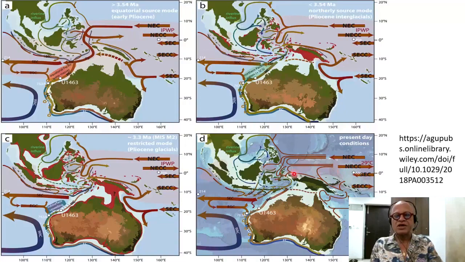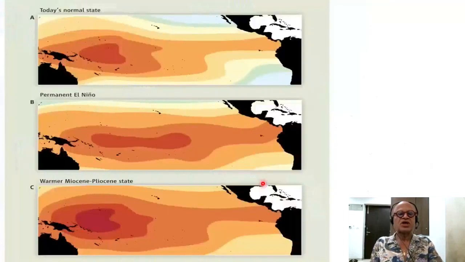So that blocking changed the connection and is argued to have changed the climate over East Africa as well. So in today's normal climate, we have upwelling and cold temperatures around Galapagos, warm temperatures here, the so-called warm pool, cold tongue contrast with 8 to 10 degree sea surface temperature gradient.